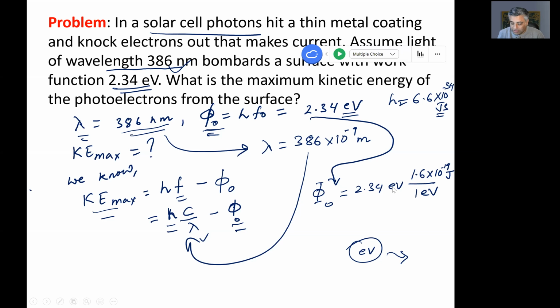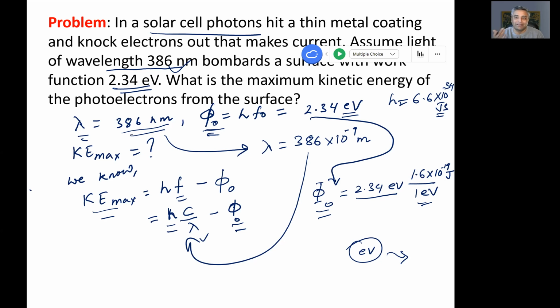As a reminder, phi 0 here is that many electron volts, and we need to convert that into joules. So 1 electron volt is that many joules. And the number is the same as the charge of an electron, because it's the charge of an electron times 1 volt potential difference.